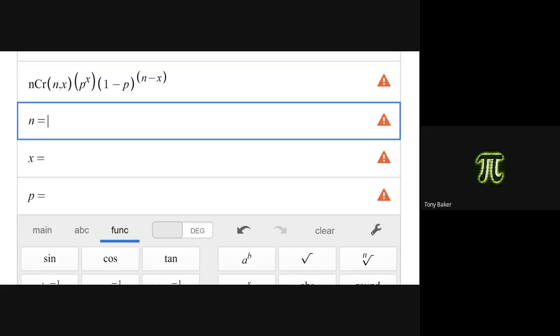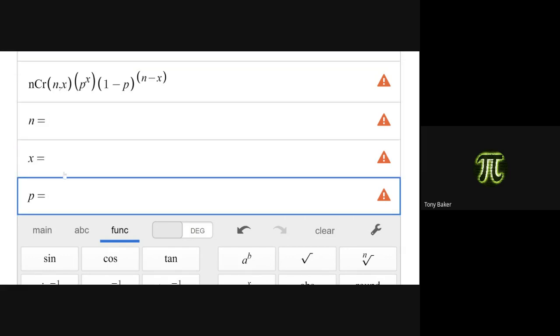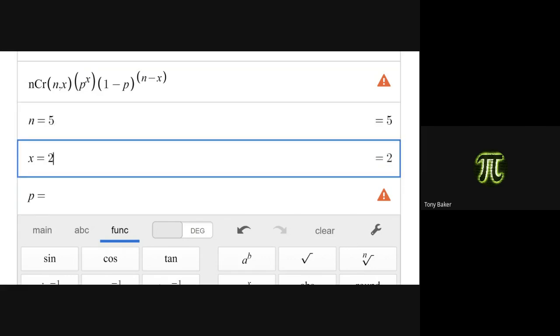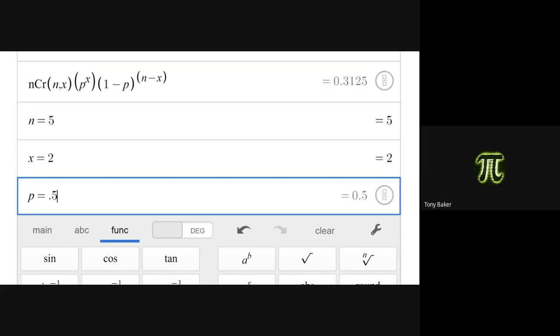On the next three lines, put N equals, X equals, and P equals. Because now what I can do is I can fill in my numbers. So 5 out of, or not 52. Yes, that is the binomial probability distribution.